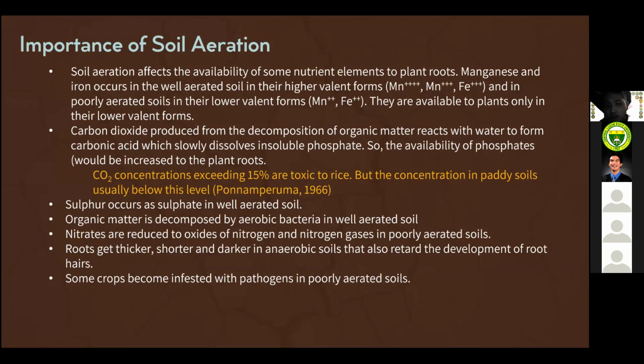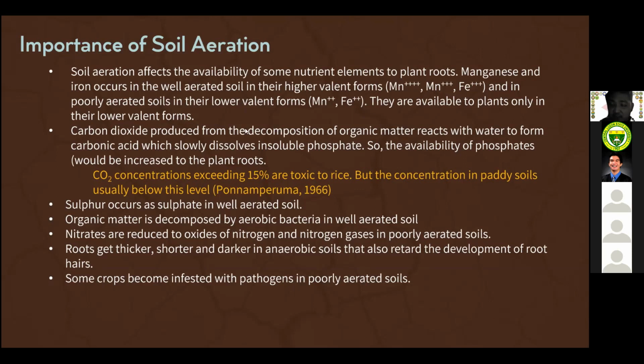So when carbon dioxide is higher in soil, so they are very reactive to water, which forms carbonic acid. Then yung carbonic acid na yon ay nagre-react sa phosphate group, kaya yung availability ng phosphorus natin sa lupa is also affected.